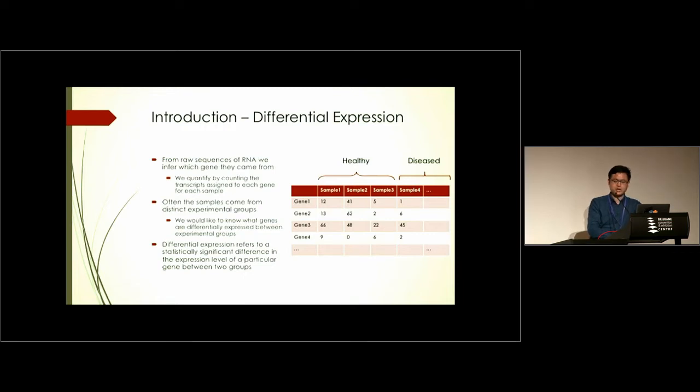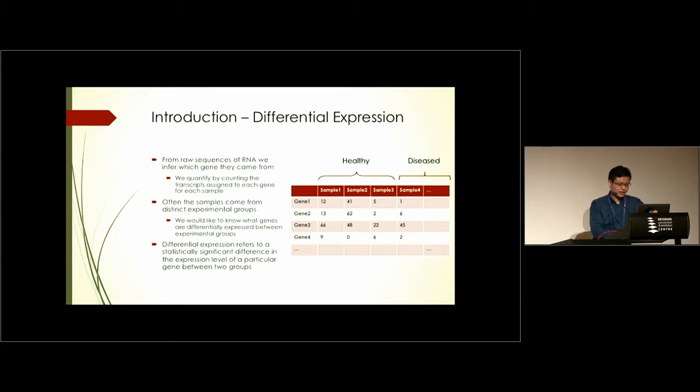And for each gene, we will have a count of that. And that's our expression levels for each of these genes, for each of these samples. And so what we're generally interested in is how particular genes differ in expression, and that's the differential expression part of it, between experimental groups.